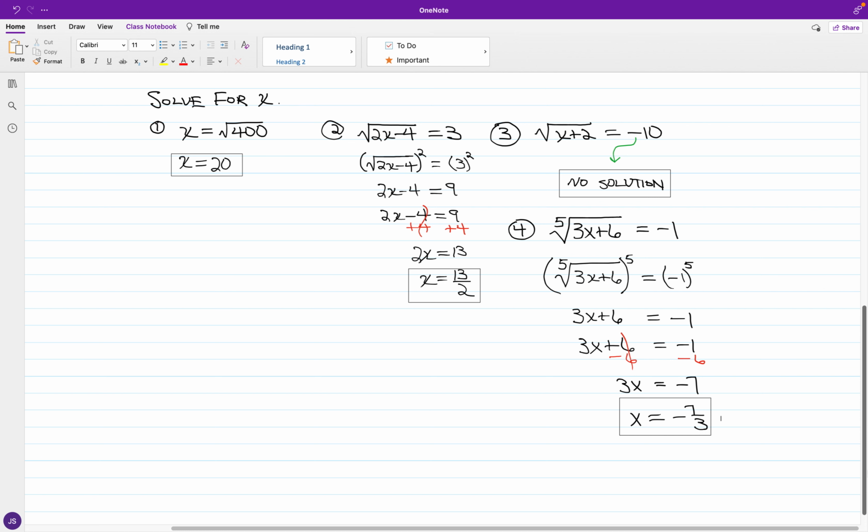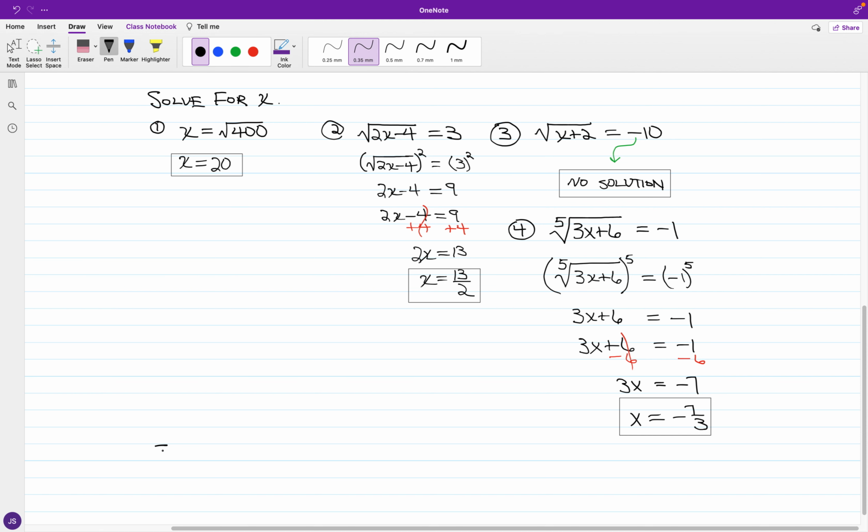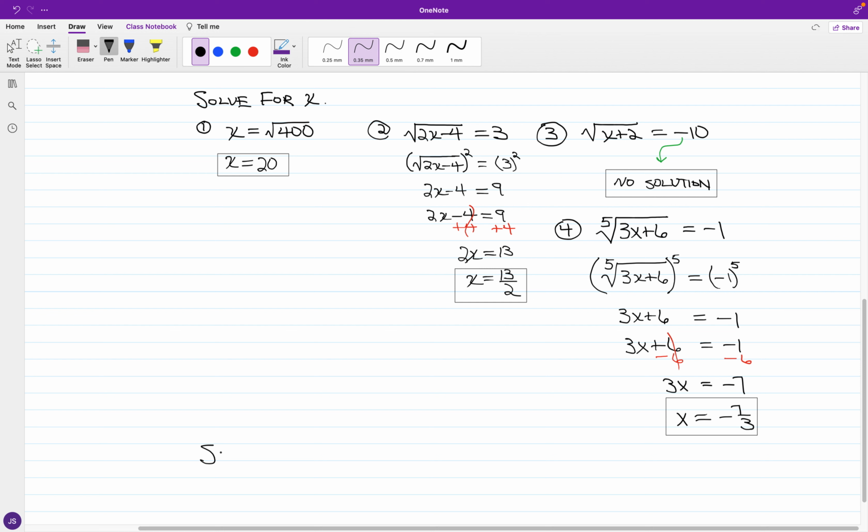Now let's say I venture out a little bit further and we look at solving for x.